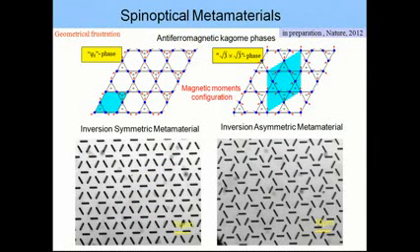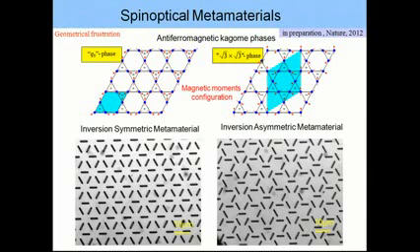I would like to discuss a little bit about our recent investigation, which we call spin optical metamaterials. Our inspiration came from antiferromagnetic Kagome lattices. We know that there is a geometric frustration, and there are several magnetic moment configurations, such as Q0, which is an inversion symmetry lattice, or square root 3, which is an inversion asymmetry lattice.